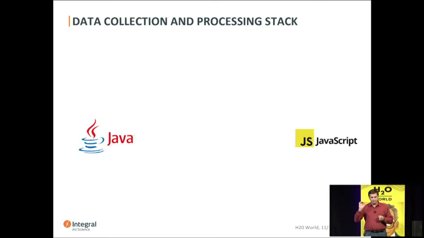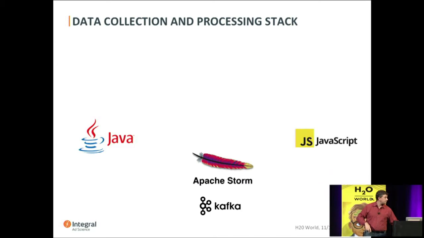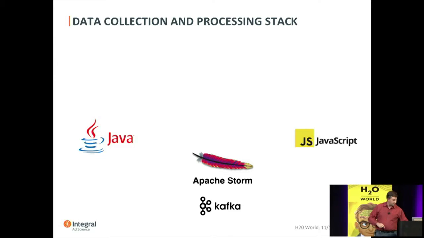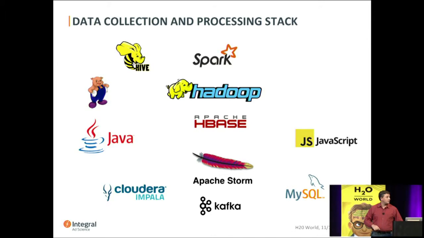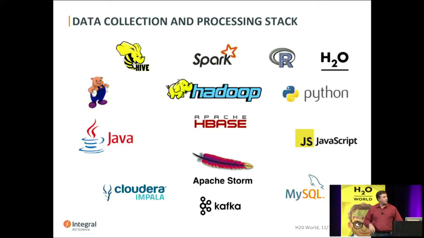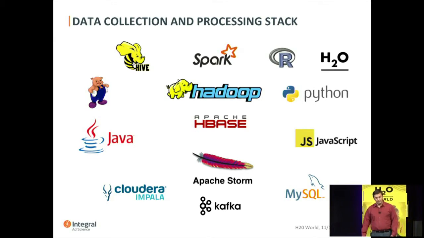When the in-browser data is collected, it's sent to a server, the server has to respond, and it happens many times in a session. We use Storm and Kafka for in-stream processing, the full Hadoop stack, Impala and MySQL for the backend of reporting, and R, Python, and H2O for analytics and machine learning.